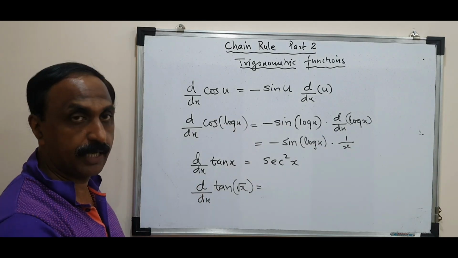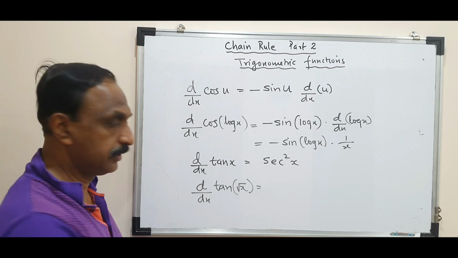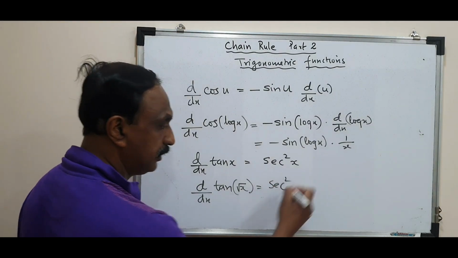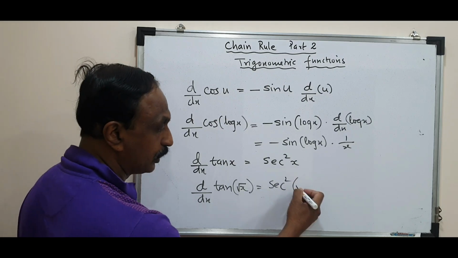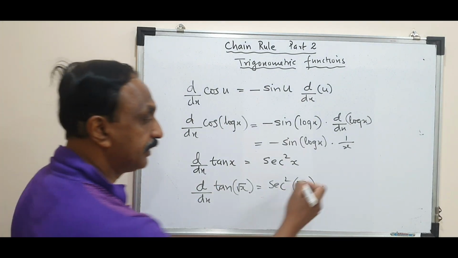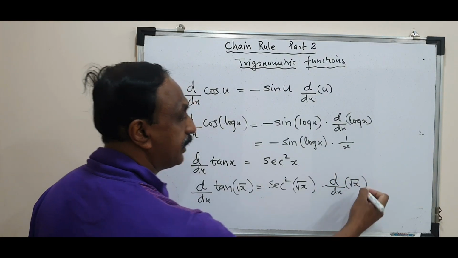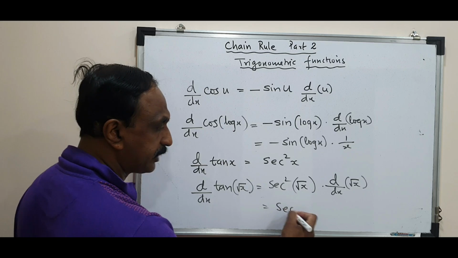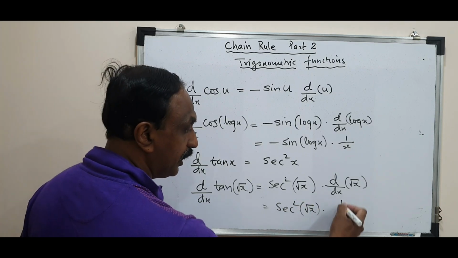When you differentiate, what happens to tan? Tan changes to which trigonometric ratio? It changes to sec square. So sec square, what is the angle here? Root x. Will it change? No. The root x will remain as it is. Into, what more to write? Derivative of the angle. So this is a method. So that became sec square root x, angle will never change, into derivative of root x.